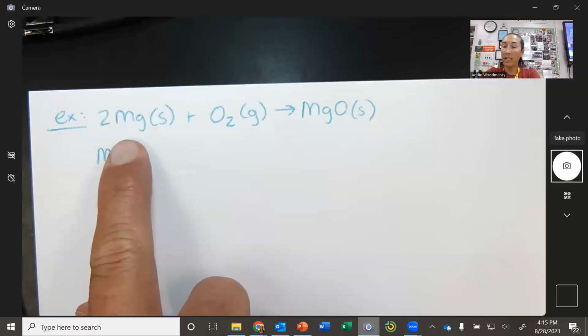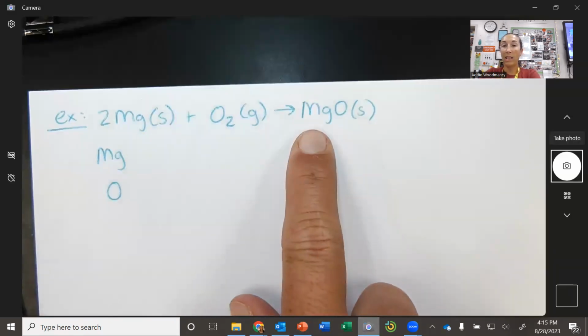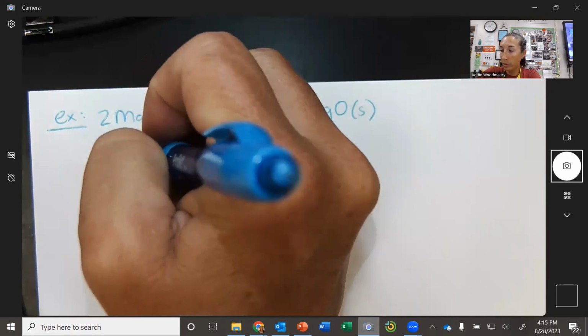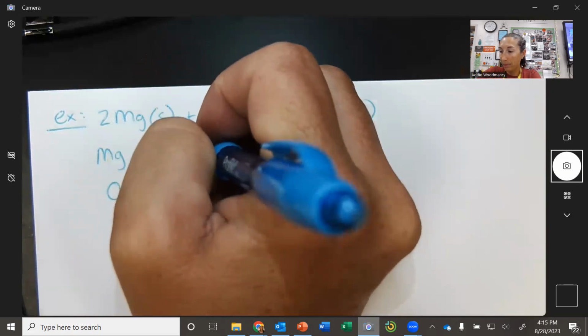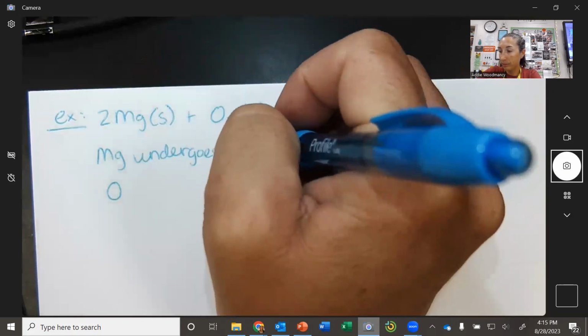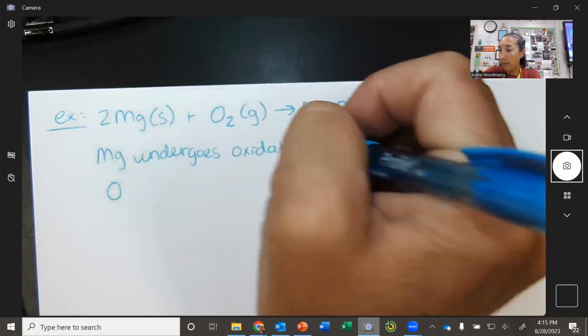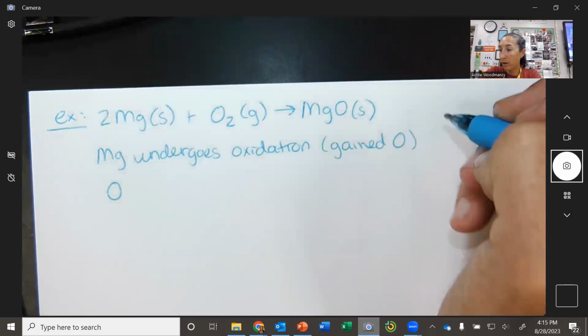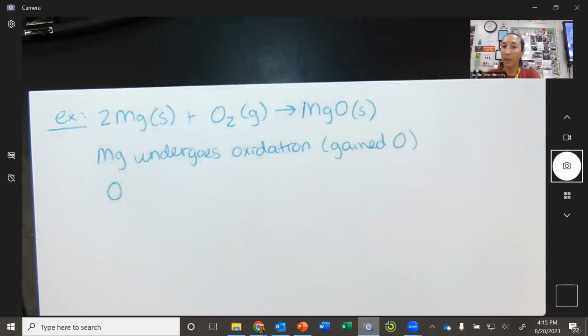So here you see magnesium without, and now it has gained an oxygen. So by the old school definition, magnesium undergoes oxidation. And that's once again because it has gained an oxygen on the product side. You can see it there.